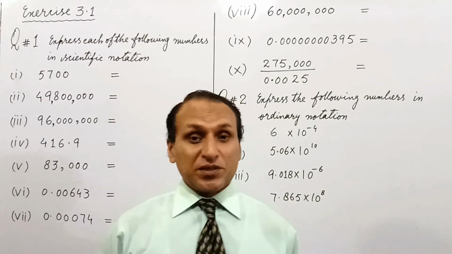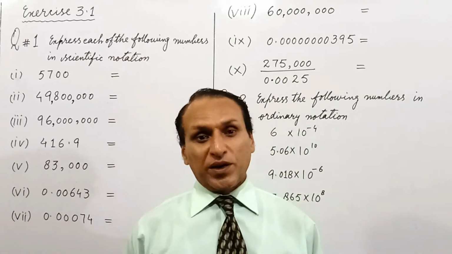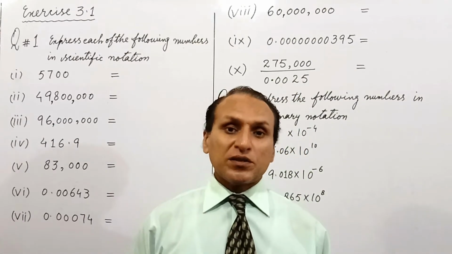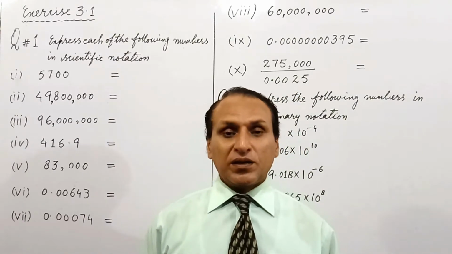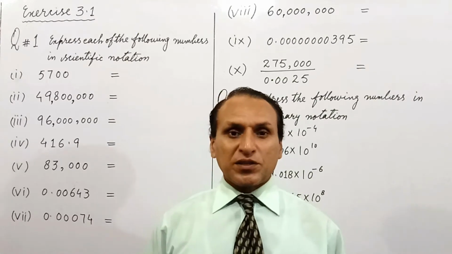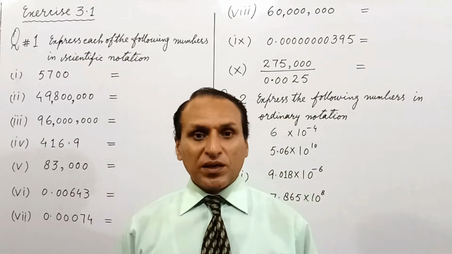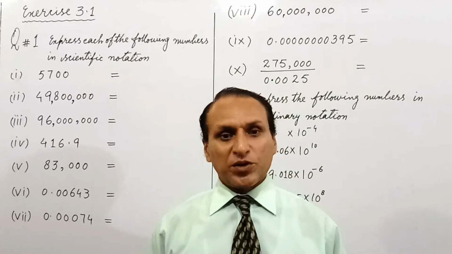We start chapter 3 with exercise 3.1. In this exercise, we learn the conversion of a given number in ordinary notation into scientific notation and the given number in scientific notation into ordinary notation.